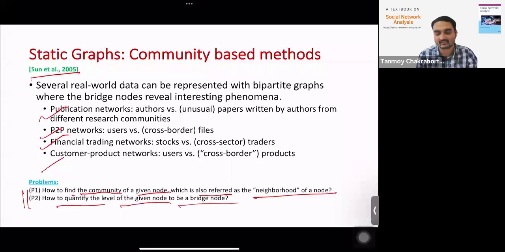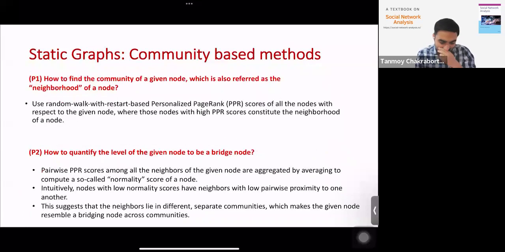They are interested in identifying bridge nodes, and bridge nodes, as we all know, are those nodes which connect two communities. According to them, these bridge nodes are anomalous nodes. And how do you do that?